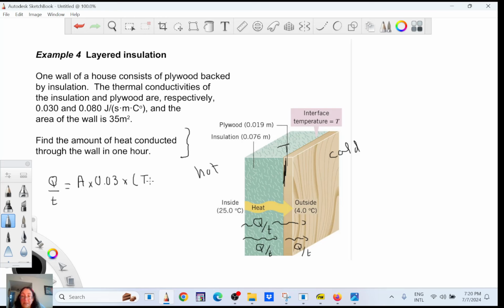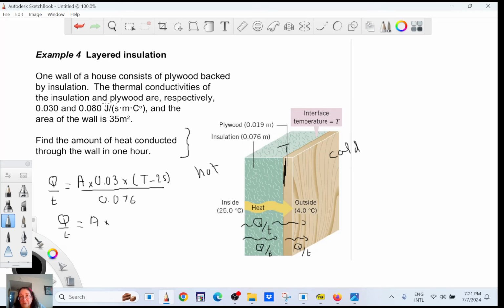So that will be T minus 25, divided by the length, the size here, so that's going to be 0.076. And you know that Q over T is going to be the same heat flowing per second through that layer here. The area is going to be the same.